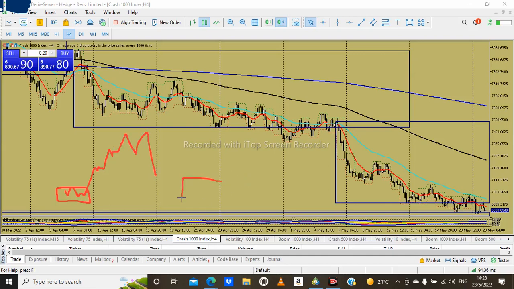Or price will do this. It will create candlestick 1, candlestick 2, candlestick 3, then drop, then drop, then drop.